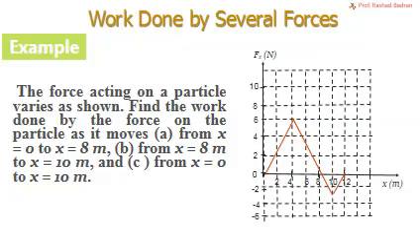If the graph of the component of force along the x-axis is given versus x, this force does work on the particle as it acts on it and displaces it from x equals 0, for example, to x equals 8 in part A, then in part B from x equals 8 to x equals 10, and in part C from x equals 0 to x equals 10. How can we do that?